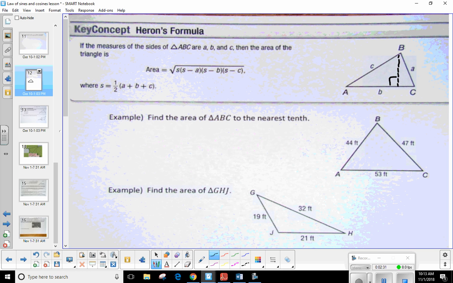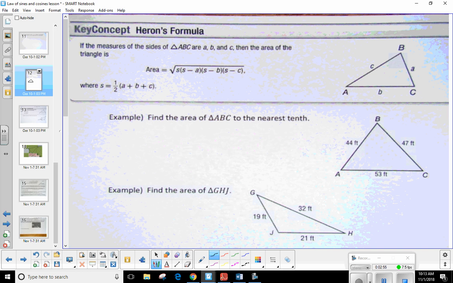But there are 2 other ways for these oblique triangles that I want to go ahead and introduce you to. One of which is called Heron's formula. Okay, so the area, it's all contained below this radical here, this expression, S times S minus A times S minus B times S minus C, where S is provided to me as half of A plus B plus C.